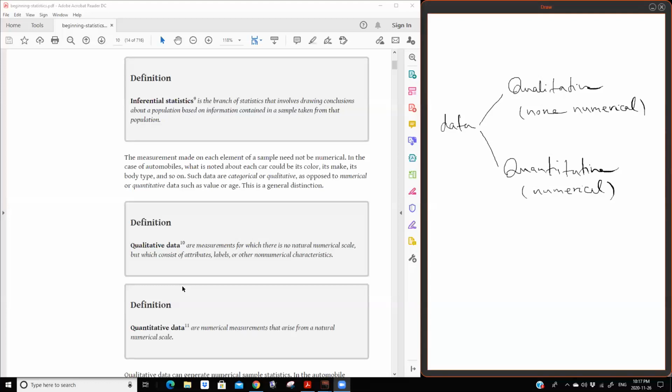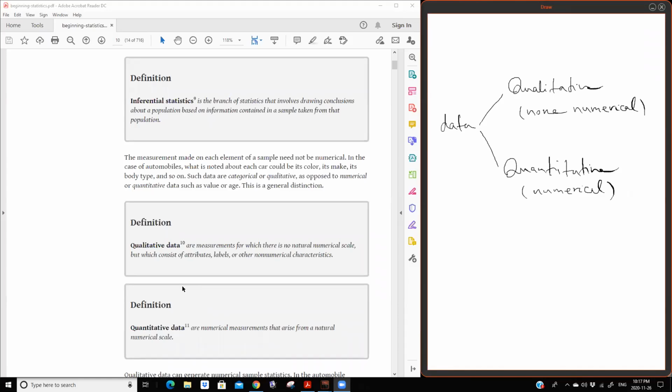Qualitative data is like categories. For example, blood type is qualitative data. Another example could be level of education. If you have names for that, you say, for example, primary school, secondary school, college, undergraduate, graduate. If you have this type of categories, and when you're collecting data about an individual, you just ask them, what is your level of education? And they just check.